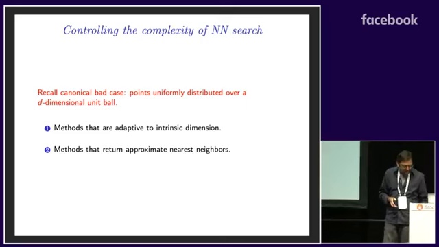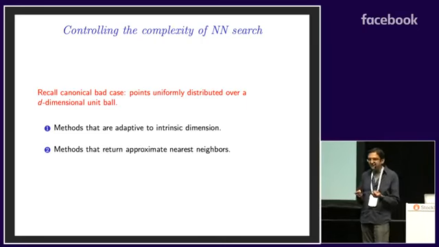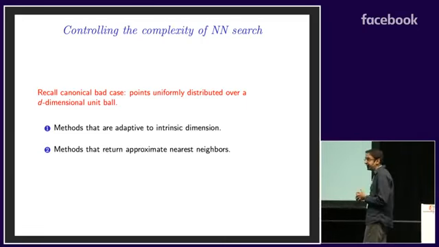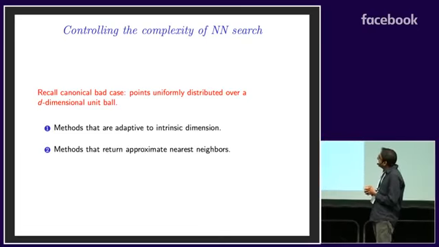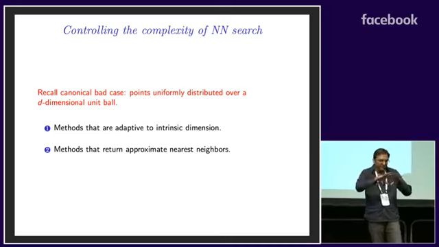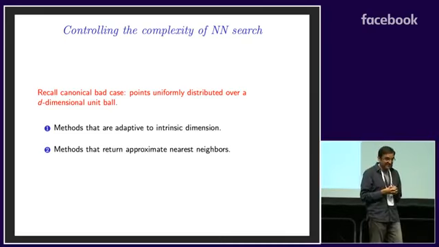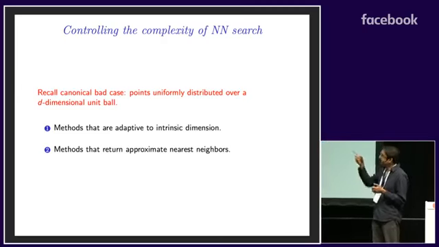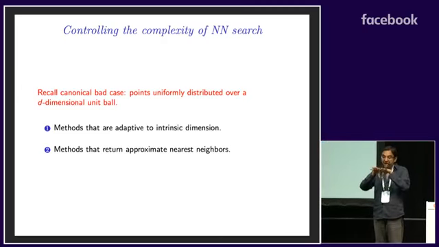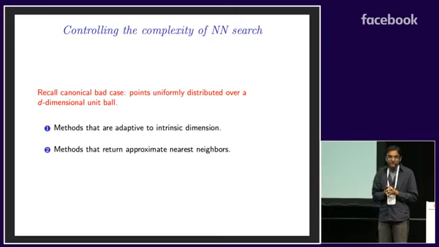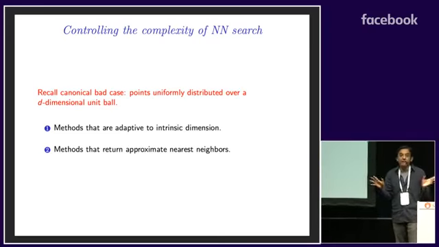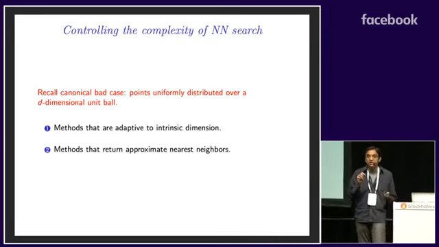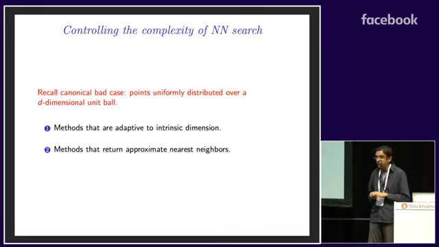So let's talk about data structures that actually can guarantee something about the query time. Okay? And as I said, there's this bad case, which is points uniformly spread on a unit ball, and there are two approaches to getting around it. Either you say that somehow the data has low intrinsic dimension, or that you don't care about getting the exact nearest neighbor, and an approximate nearest neighbor is okay.